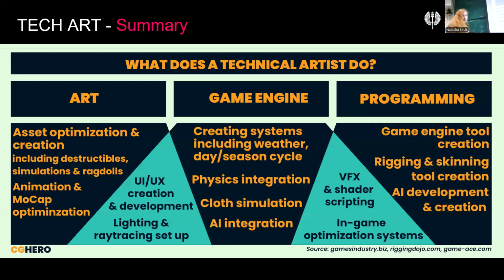And as a summary, at least from the tech art side, what do they do? A lot of things, but it can also be just one of those. Usually they do engine tools creation, rigging, skinning, all this sort of tool creation, but they can also adjust things in existing production and what you have in the game engine.